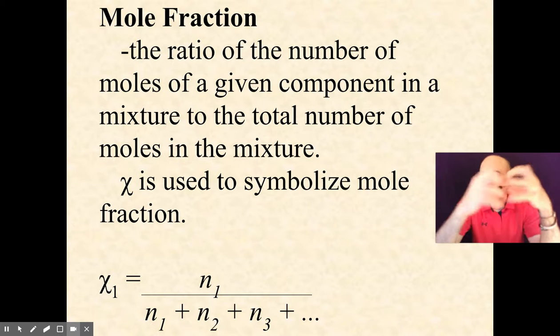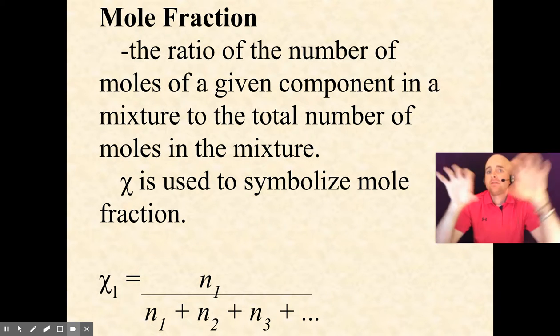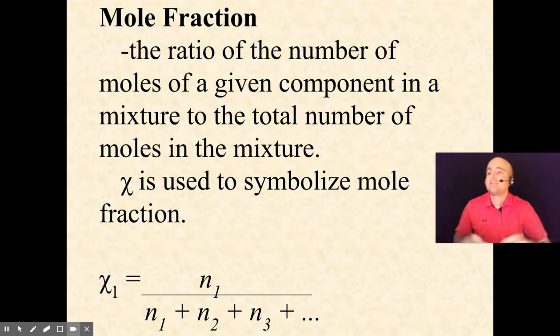When we're looking at a mixture of gas and all the different moles of different gases, we can use what's called a mole fraction, symbolized by the Greek letter chi. It looks like an X, but it's chi.